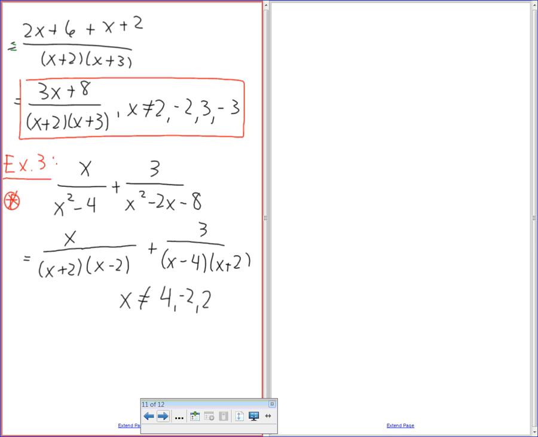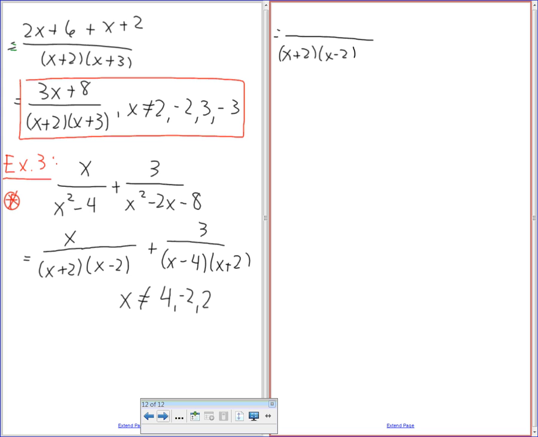So what I'm going to write here then is x plus 2, x minus 2, and then there's an extra x minus 4. On the right-hand side then, there's just going to be x minus 4, x plus 2, and there's an extra x minus 2.